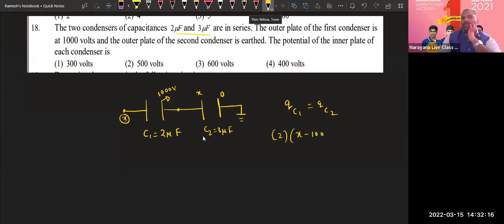X minus 1000. I'll assume charge is going like this. And what is charge on C2? 3 into X minus 0. So 2X minus 2000 is equal to how much? 3X. And 2X bring this side. So it will become how much? X equals minus 2000.